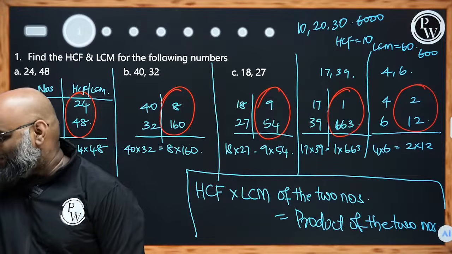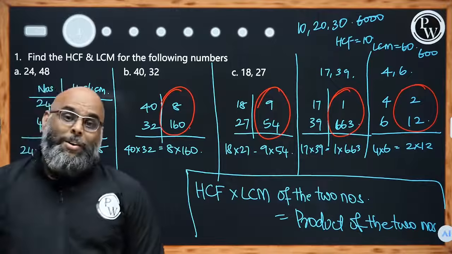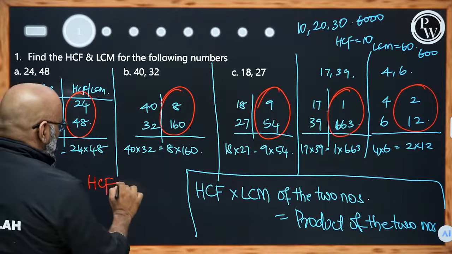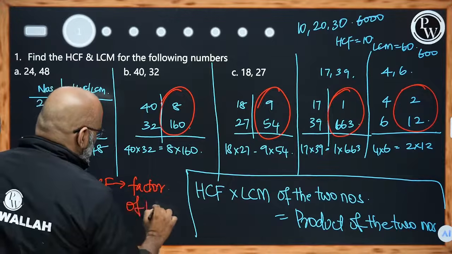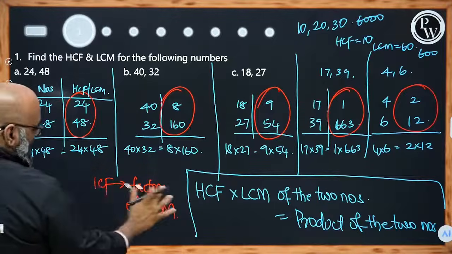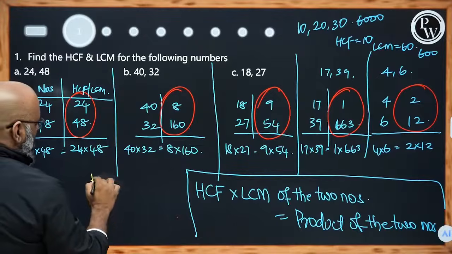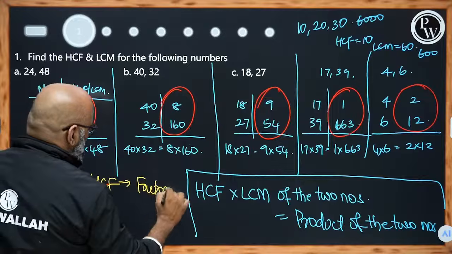Check this out. Tell me. Look at this, all cases. HCF is a factor of LCM no matter what. No matter what. For any case, sorry, I'll write it in. HCF is a factor of LCM.